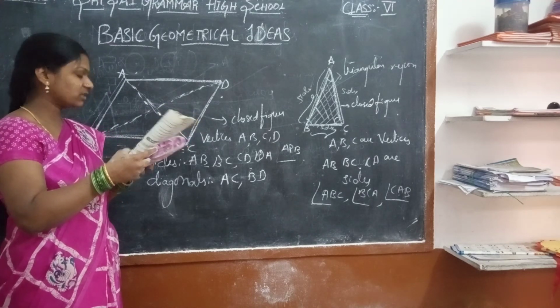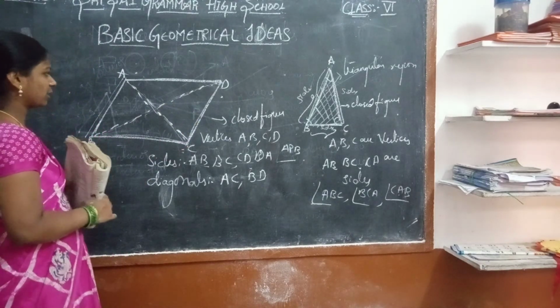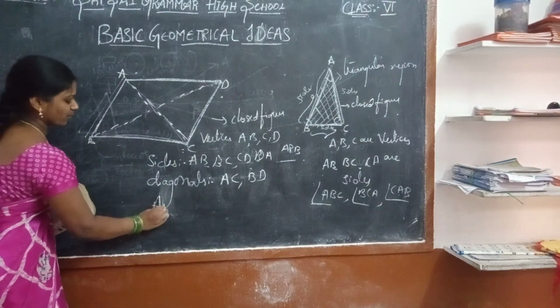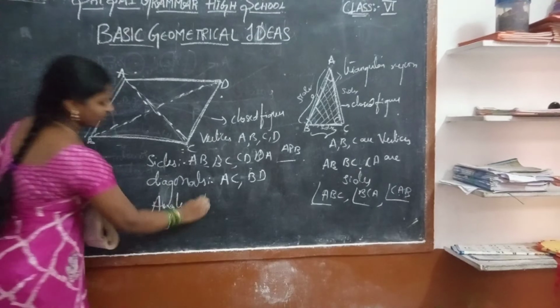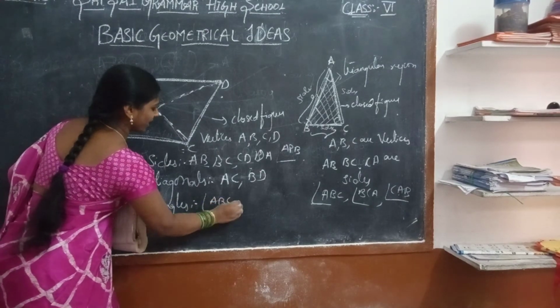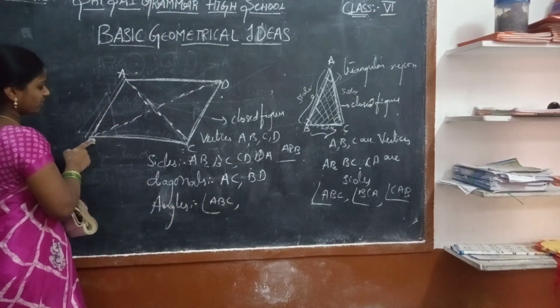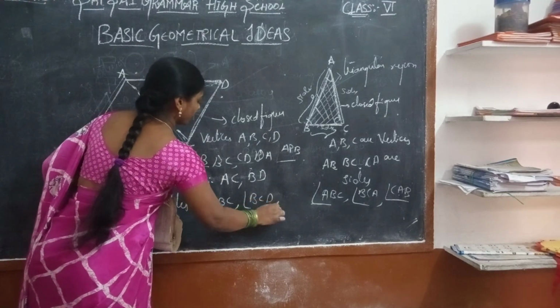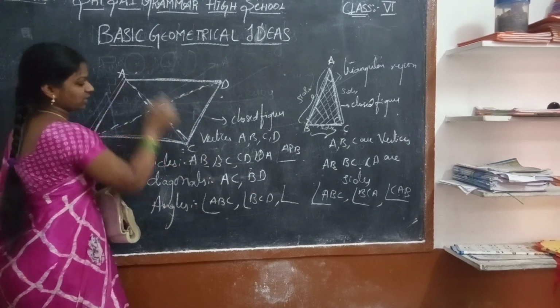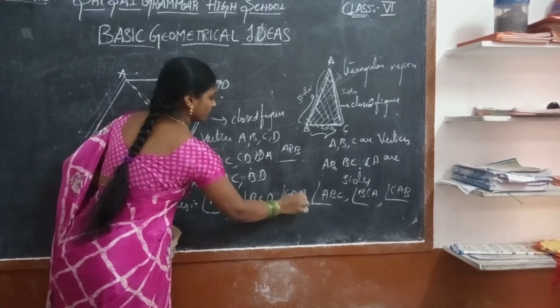And now, how to identify the angles? Angle ABC is one angle. Angle BCD is one angle. Angle CDA is one angle.